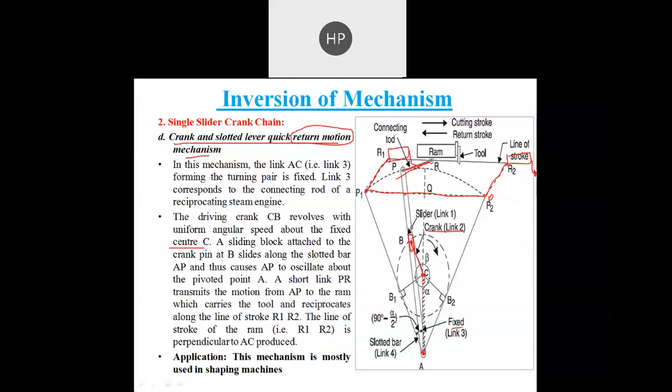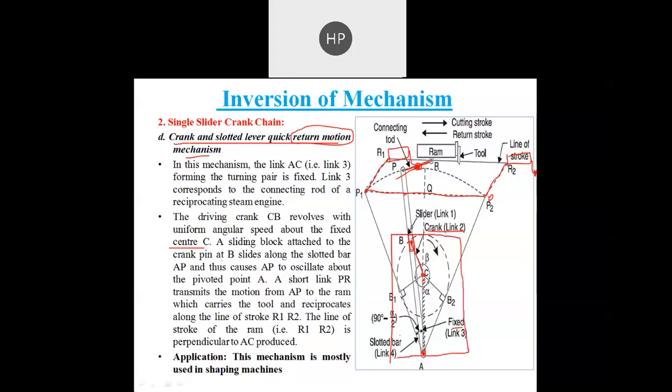These are the two extreme points, and within this the tool will reciprocate. So now in this case, how do you see this? This is only a single slider crank mechanism.